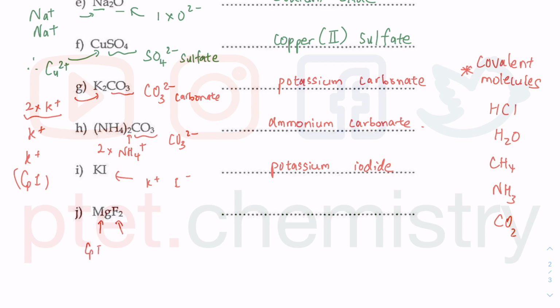This is a group 2 metal, Mg2 plus, the valency is 2. This is a group 7. This is F minus, so they will gain 1 electron to completely fill out the shell. This is what you call magnesium fluoride. It's not fluorine because this is F minus and not F2 molecule and not F atom.